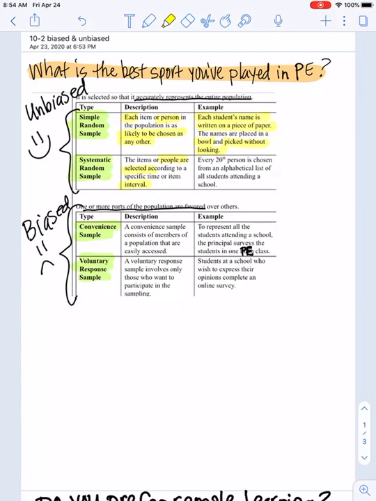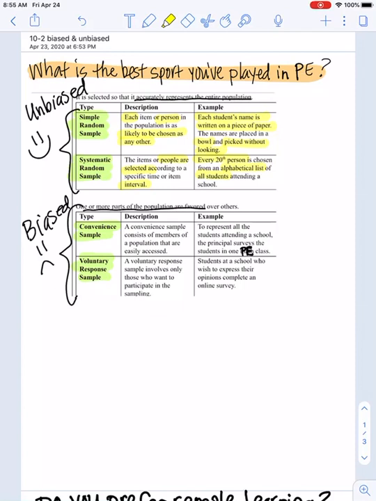So one way Miss Wilson can do this sample is she has an alphabetical list of all the students in our school. And then she's just going to go down that list and she's going to choose every 20th person. So every 20th person she will give this survey to. Okay, so everybody has a chance, and then there's a systematic way she's choosing those students. So that would be a systematic random sample.